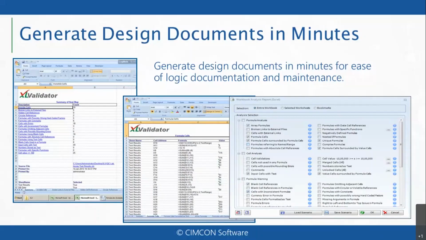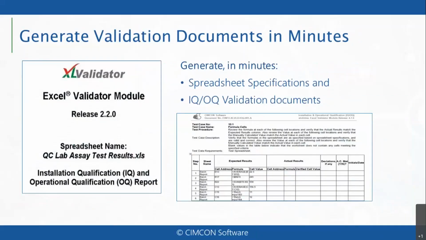So everything that you're confirming or making sure is not a part of your production build, you can use XLValidator to confirm that using heat maps, using the workbook analysis format, which you see an example of here on the screen.